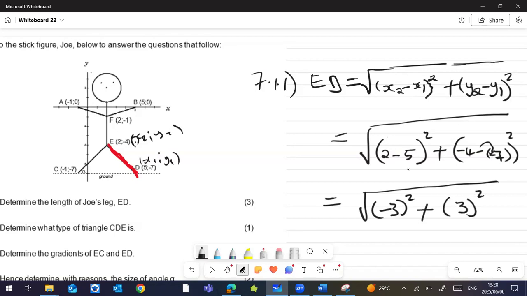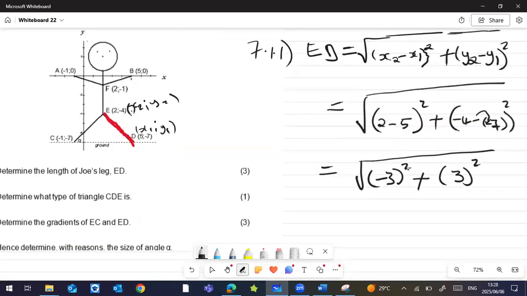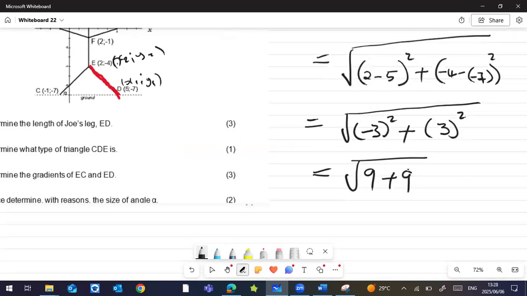All squared. If you square minus 3, you'll end up with positive 9. And if you square positive 3, that will also give you positive 9. Therefore, 9 plus 9 is 18.